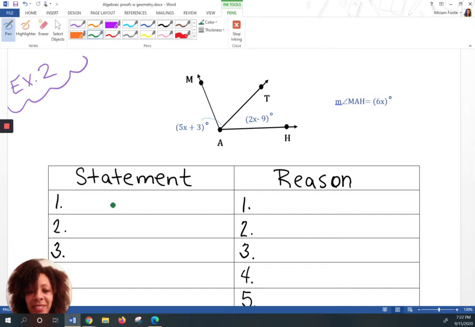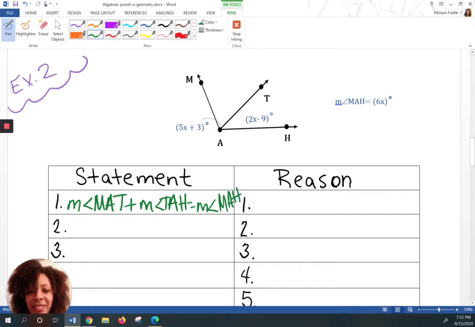So the first thing is I look at my picture and I determine that, oh, okay, this is an angle. What do I know based off of the postulates that I just went over? I know that the measure of angle MAT plus the measure of angle TAH is going to equal the measure of angle MAH.